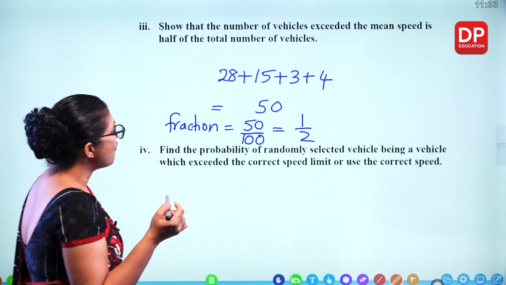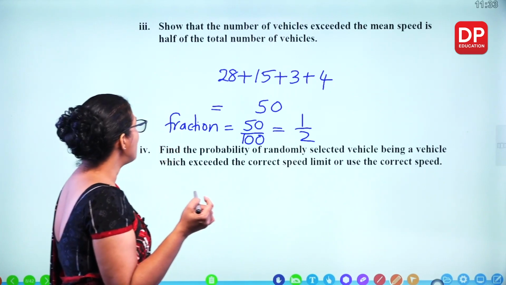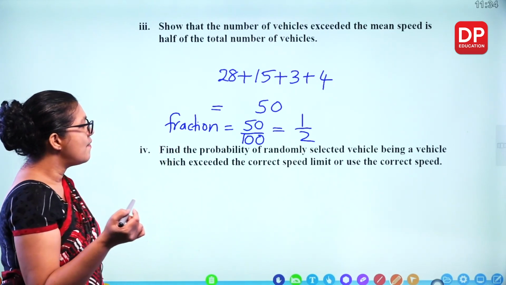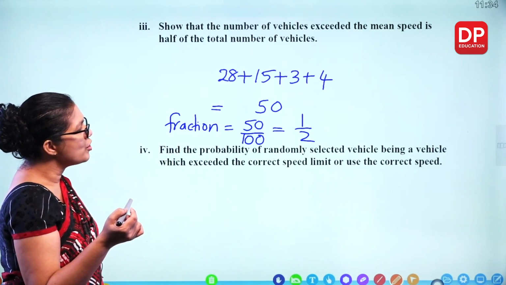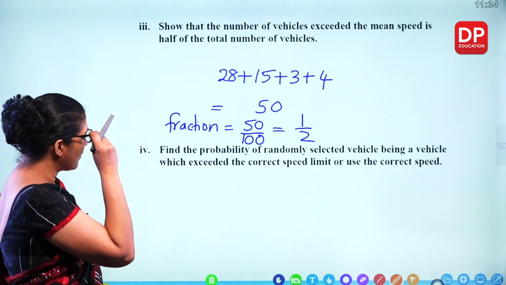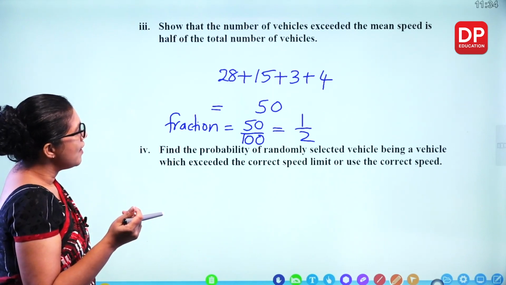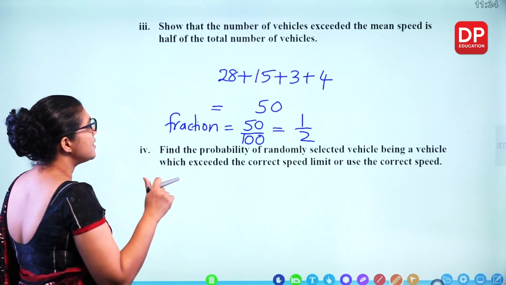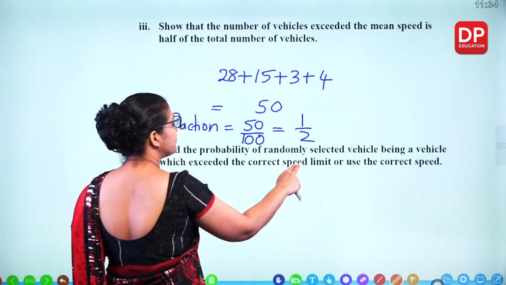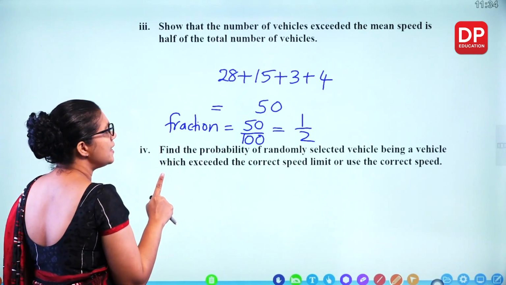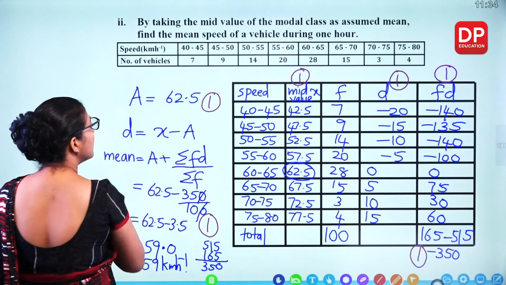Find the probability of a randomly selected vehicle being a vehicle which exceeded the correct speed limit. Correct speed is 70.